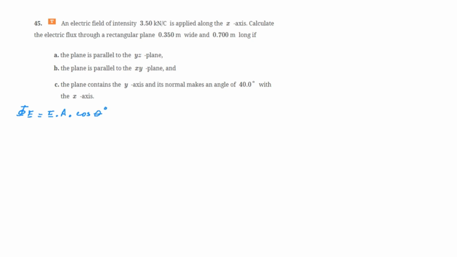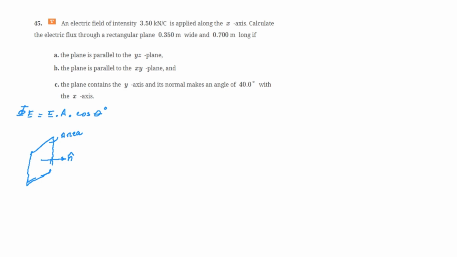And basically what we said was this. We have an area, and this area has a vector perpendicular to it that is called the normal vector.